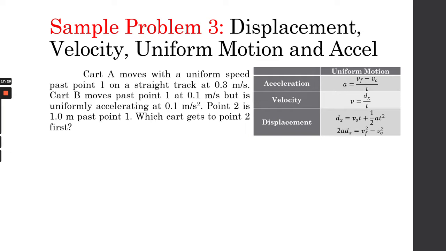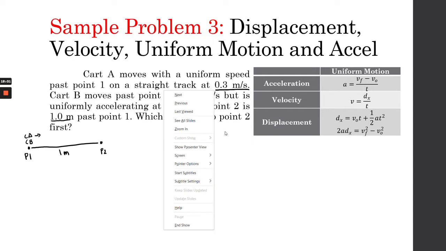So let's draw what is happening in this situation. We have point 1, and the distance between point 1 and point 2 is 1 meter. And we have cart A and cart B. When cart A passed point 1, its velocity is 0.3 meters per second.